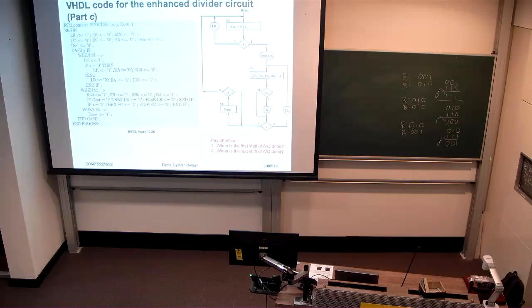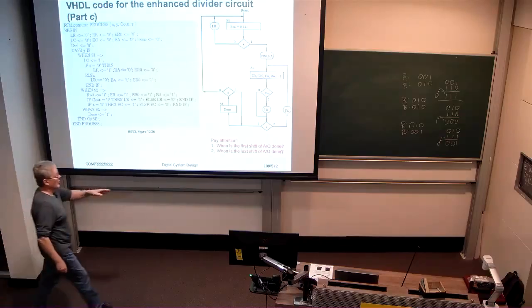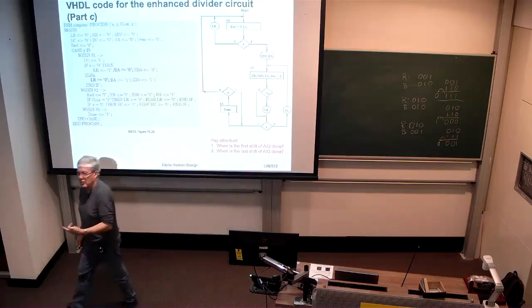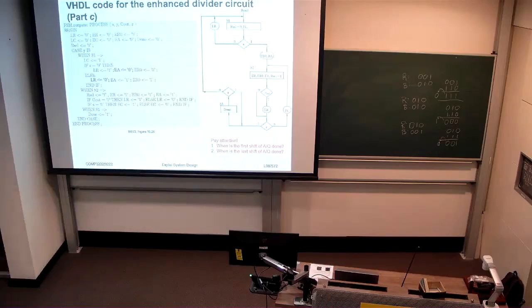What signal do we need to assert to shift the A and the Q registers? Well, it is only one register, it's the A register, right? What signal controls that shift? EA, yeah. So where is it asserted first? Above S2 here, yep.